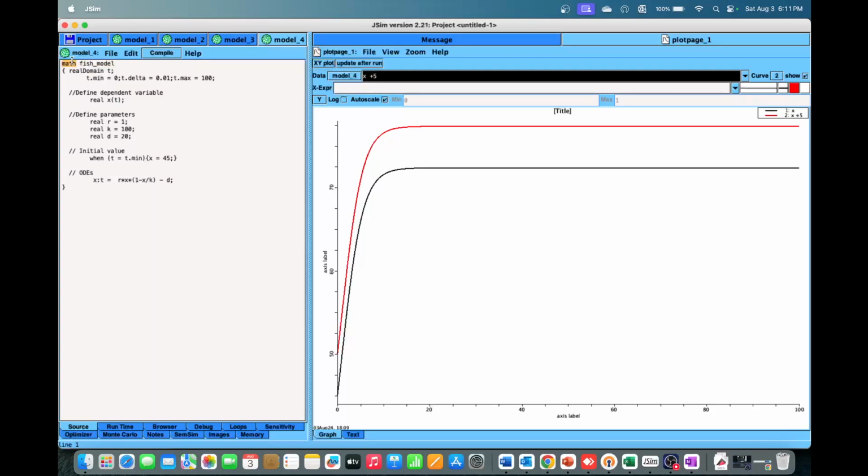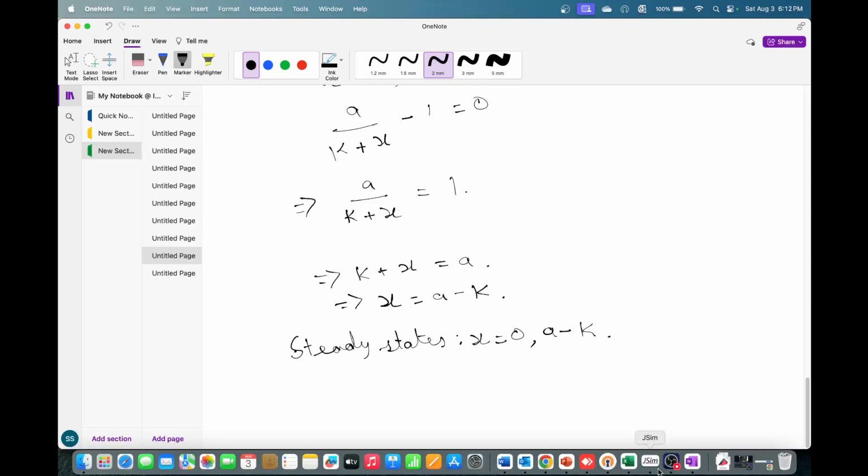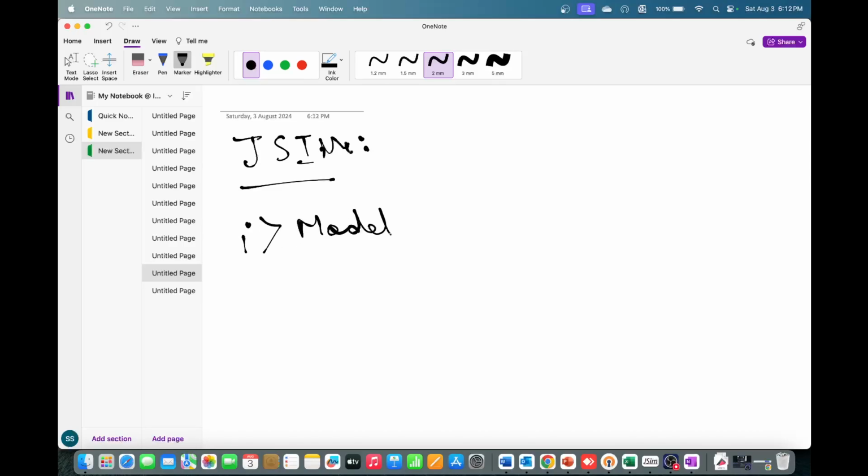I'll just quickly write this down so that it can be useful later. This is about JSim. First you have to define your model type, which for our cases is math.